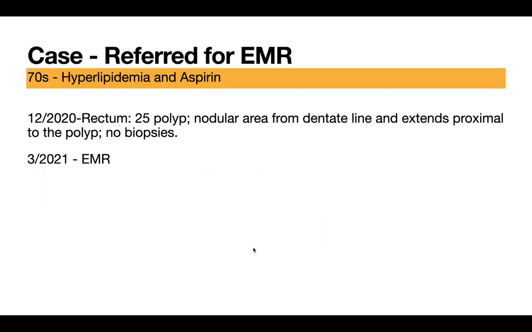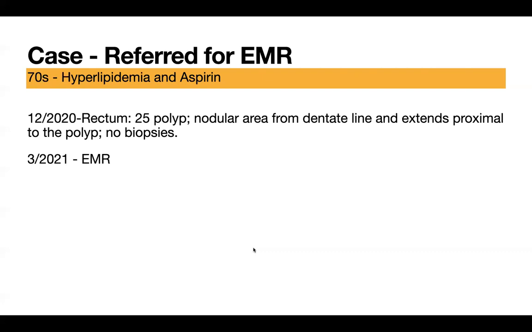So this is a case of a 70-year-old man. He was in good health. He comes from about 2 hours from Houston, and he underwent a colonoscopy in December. He was found to have a 25 millimeter polyp with a nodular area around the polyp, starting from the dentate line and extending proximal to the polyp.